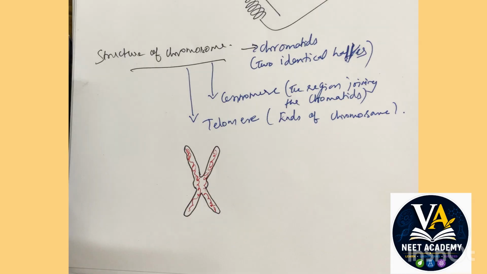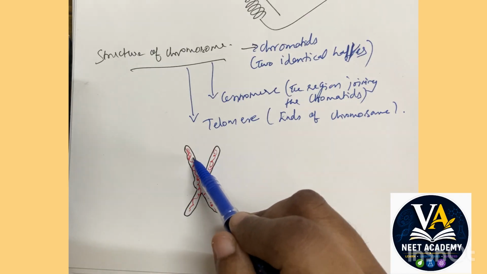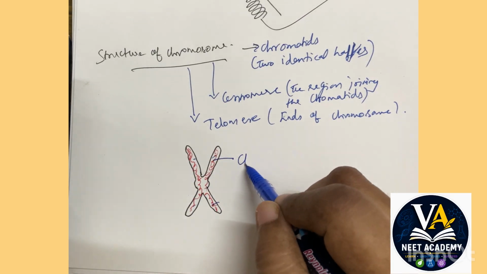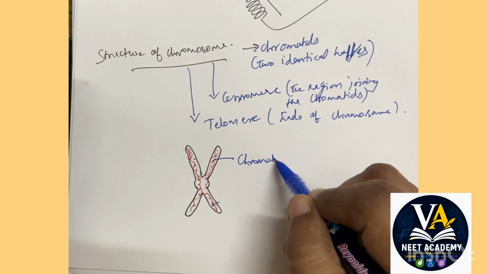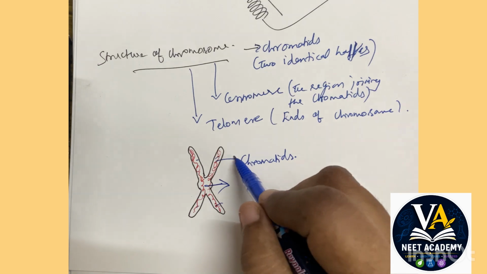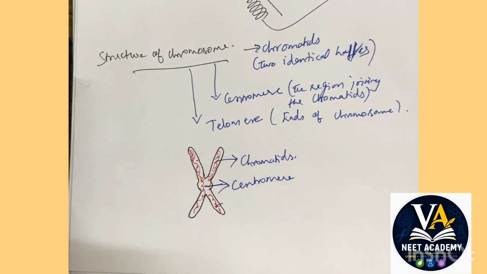Okay. So, this is the structure of the chromosome. Now let us try and label these two arms, this one, this one, this one and this one. These are called chromatids. The middle junction, the joining region, is called centromere. You do not have to mug up things.